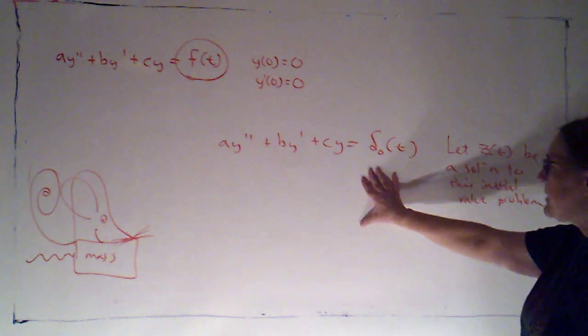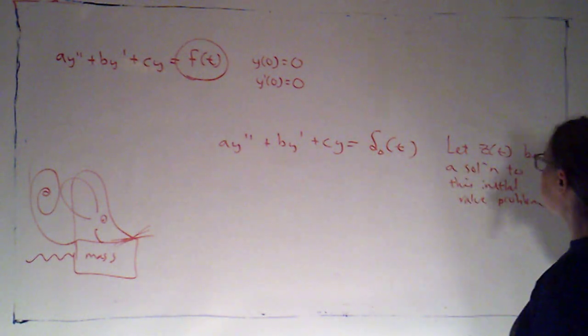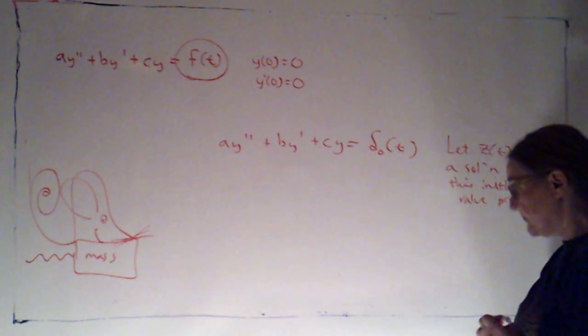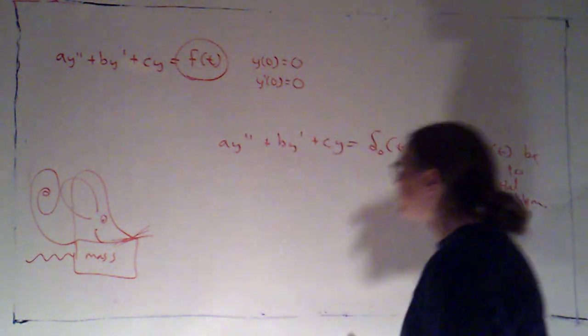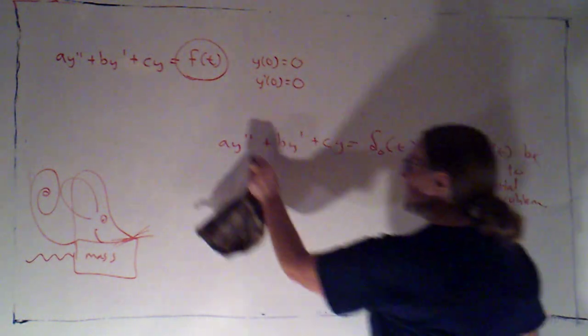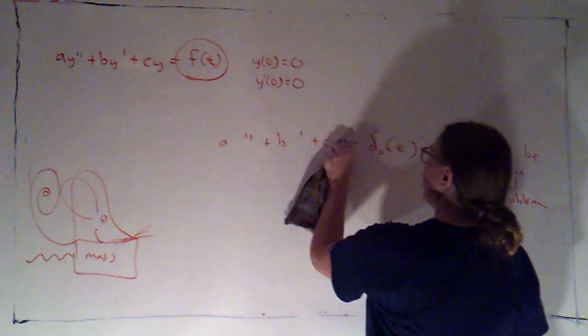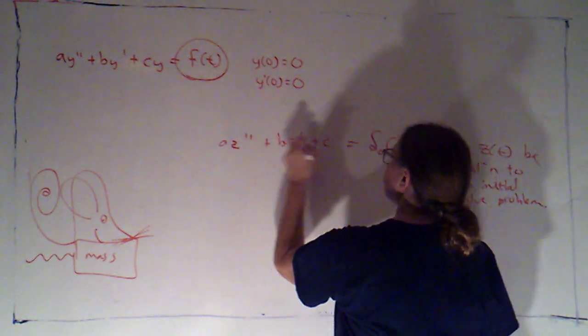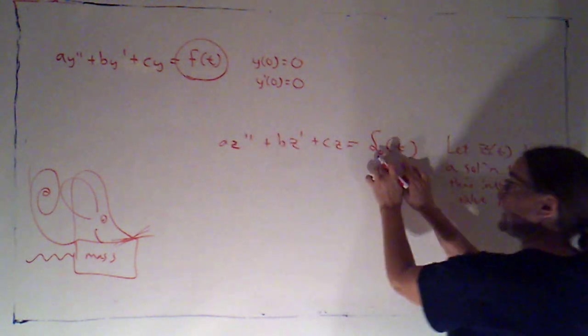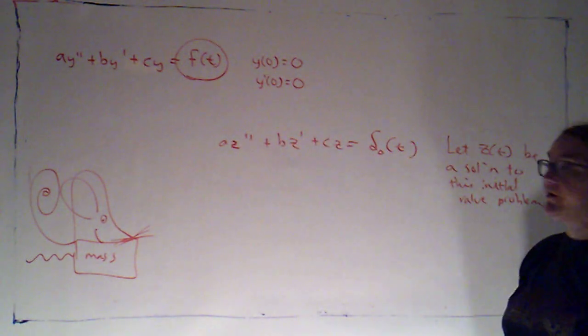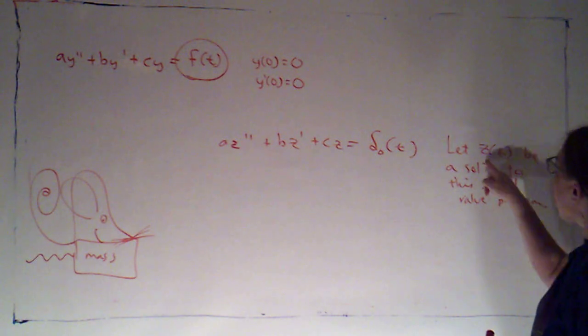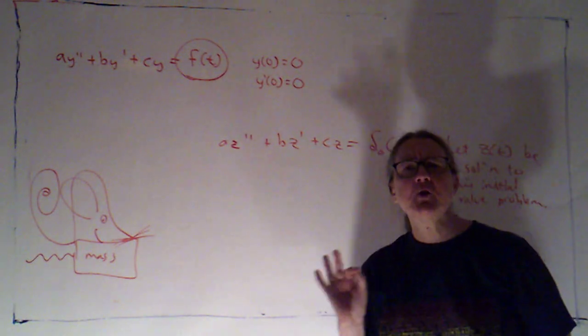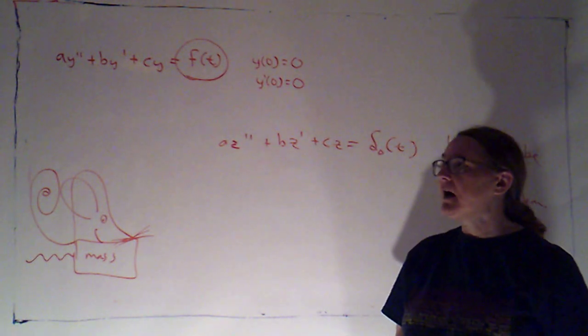So what I'm going to do is find the Laplace transform for z. If I'm calling it z, I might as well call it z throughout. So instead of calling it y, I'm going to just call it z. That's my solution for this particular forcing function. The book calls it, I think, zeta.